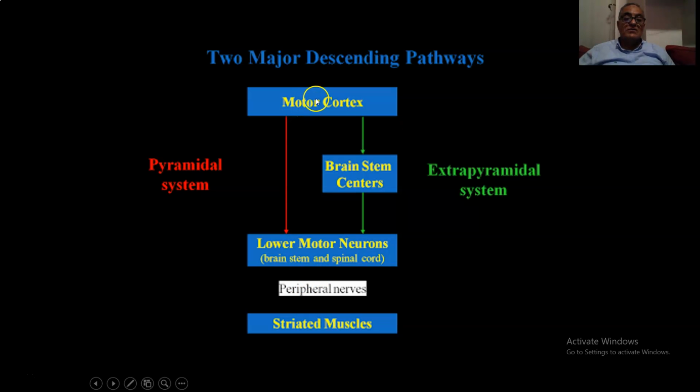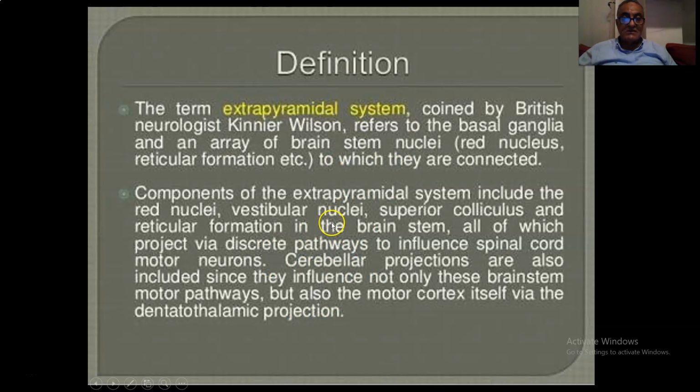Also, there is another motor descending system, which is the extrapyramidal system, from the premotor cortex, from the supplementary motor cortex, area 6, in front of the precentral gyrus, going to brainstem and deep brain centers, also reaching lower motor neuron in the brainstem and spinal cord, peripheral nerves, and striated muscles.